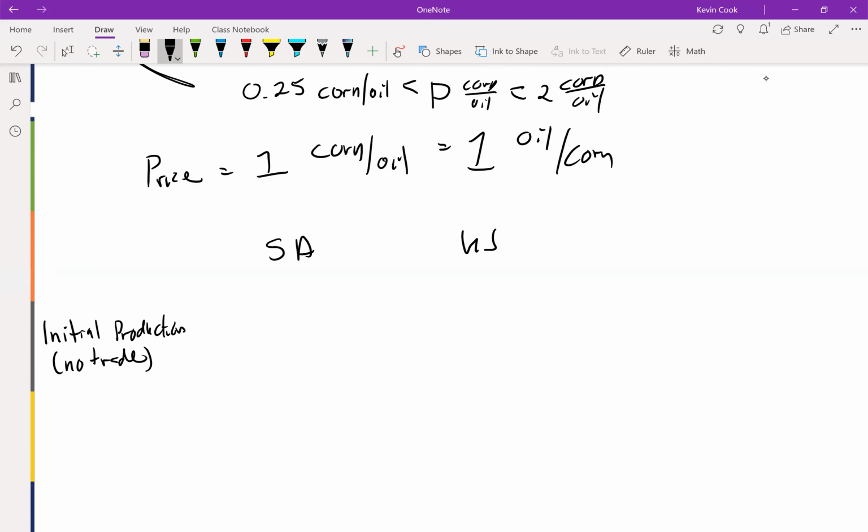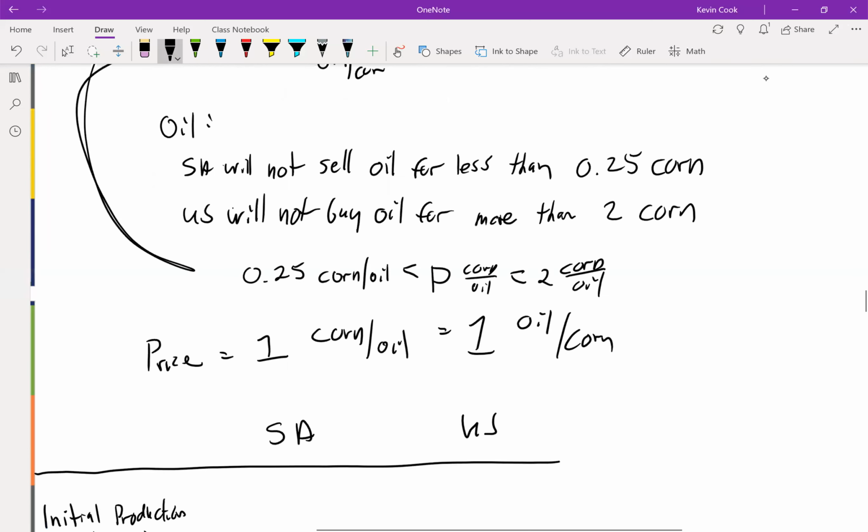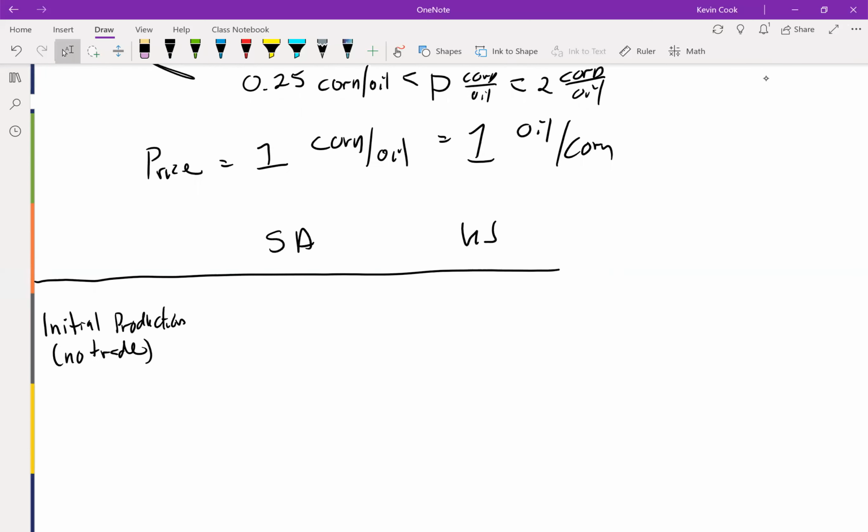And we're just going to take a quick note of this. Again, this was already given to us. For each of these we have oil and corn. So we have something that's going to look like this.